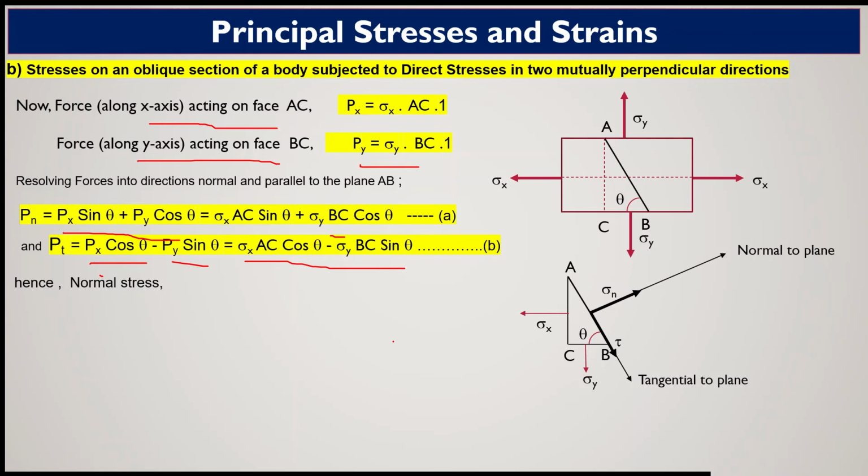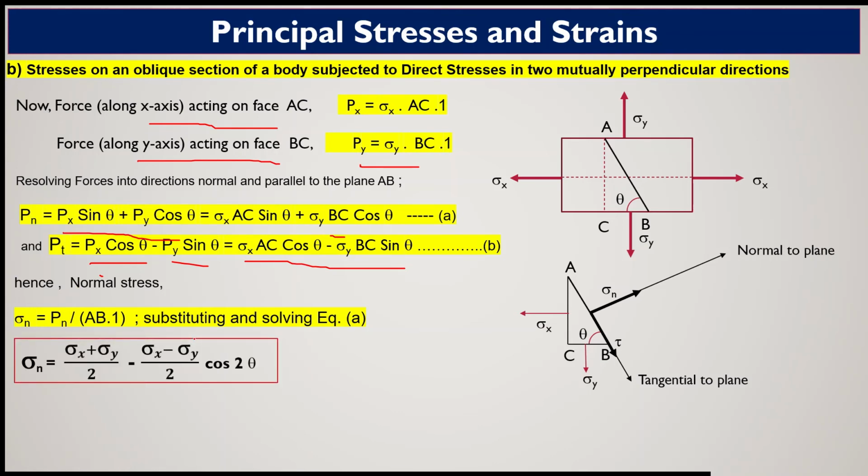So hence normal stress sigma n will be normal force divided by area AB into 1, and after solving the trigonometric formula, ultimately sigma n is equal to sigma x plus sigma y by 2 minus sigma x minus sigma y by 2 into cos 2 theta.